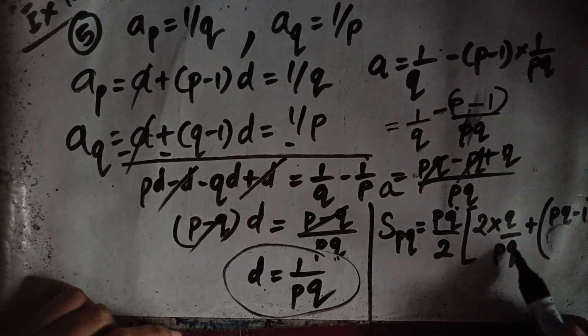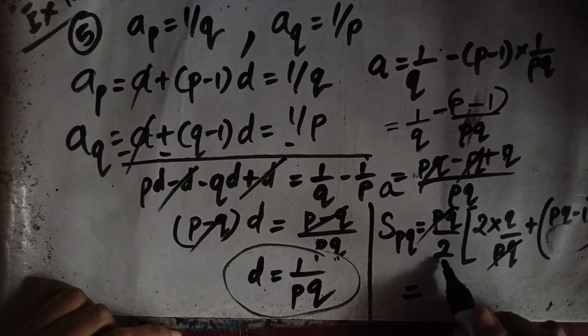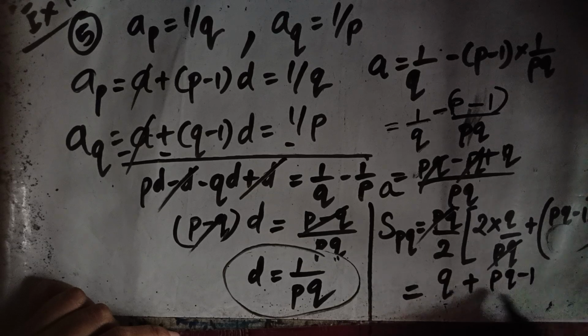Okay. So this pq gets cancelled. You'll get half is there outside. You can take half inside. So it will be q plus pq minus 1 upon 2.